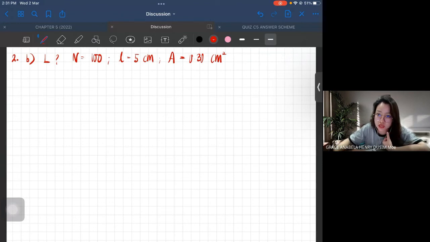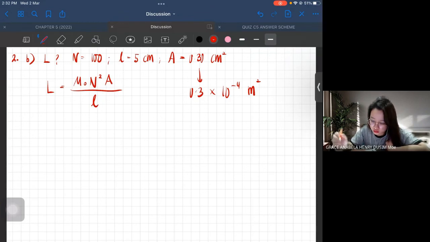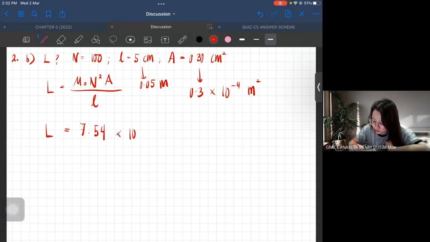It is a solenoid, so we use the solenoid equation, mu naught n square A over L. The area is 0.3 times 10 negative 4 meter square, and the length is 0.05 meter. Substitute all the values and you should get 7.54 times 10 negative 6 Henry.